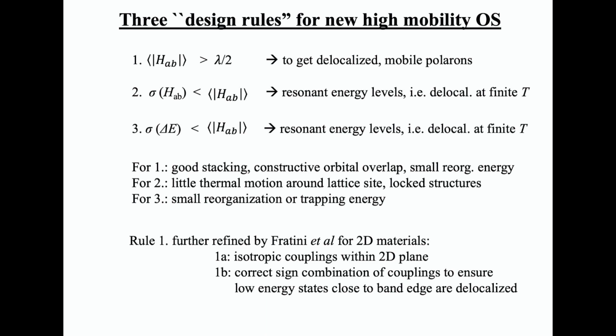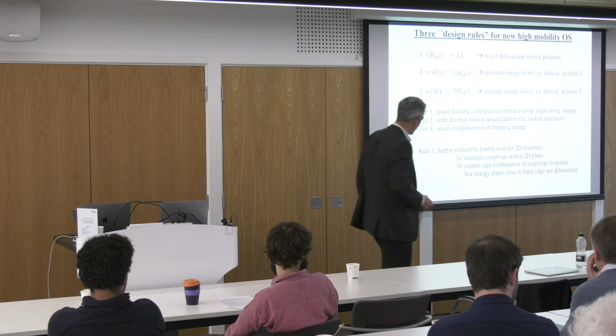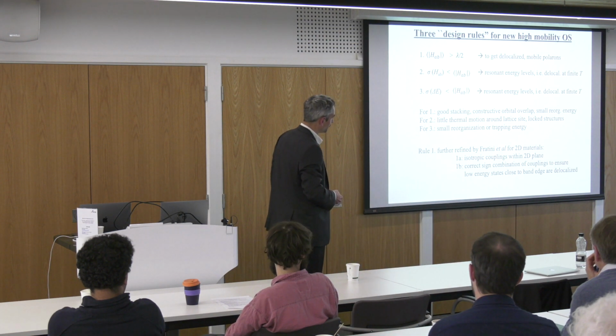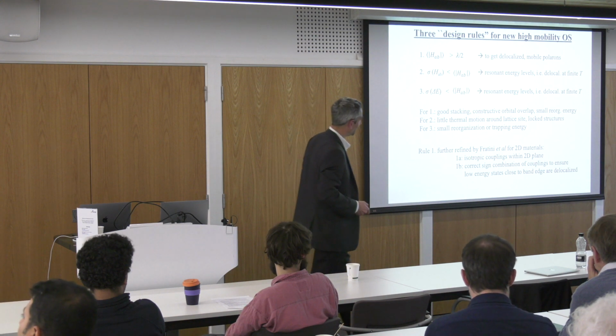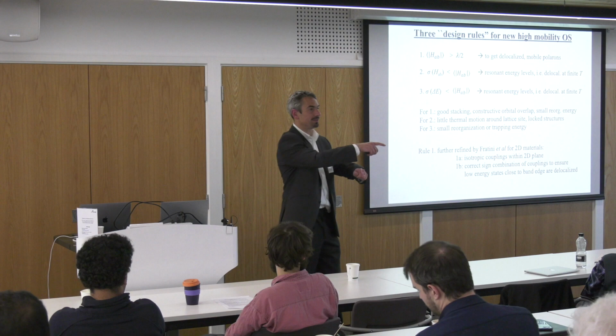For 2D materials, you should have isotropic coupling. It's bad to have high coupling in only one direction and not the other, so it's better to have half of the coupling in one direction and half in the other. Isotropic is the preferred one. And then there is also a more subtle rule that has to do with the correct sign combination of the couplings in different directions.